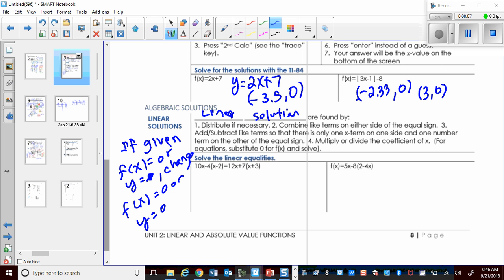If you're given an equation, you might be given an equality in the form of the first problem. Then you have to follow the steps.